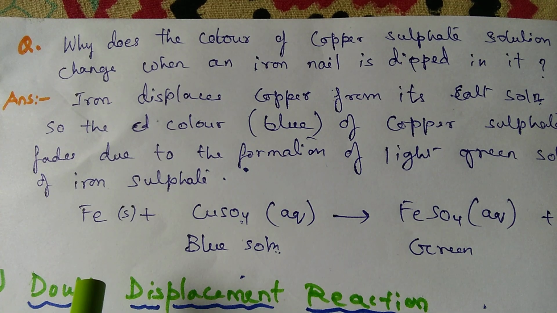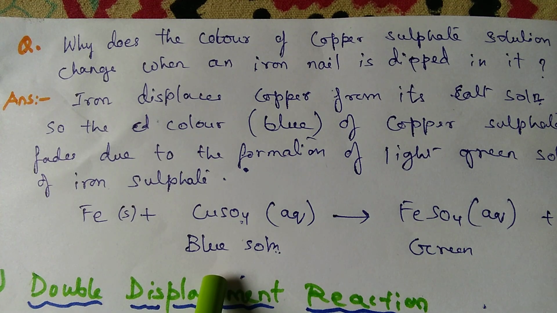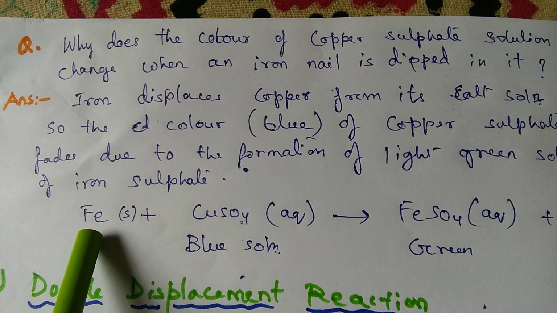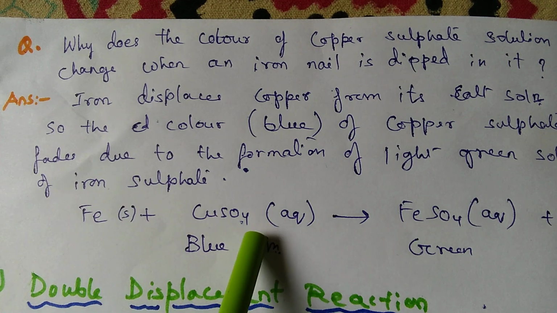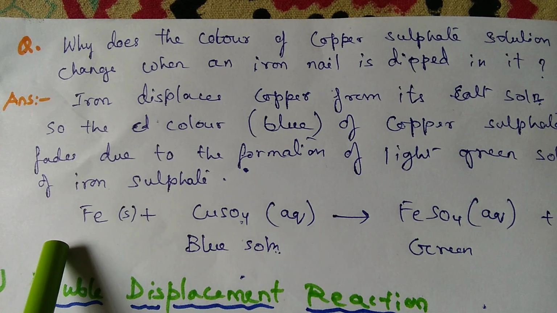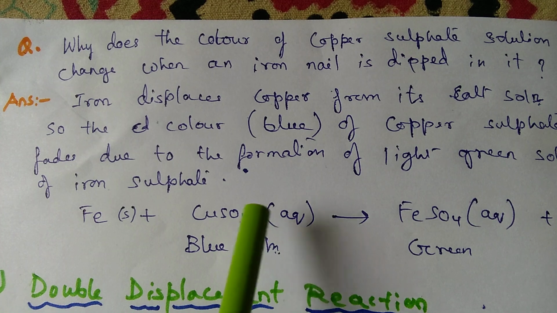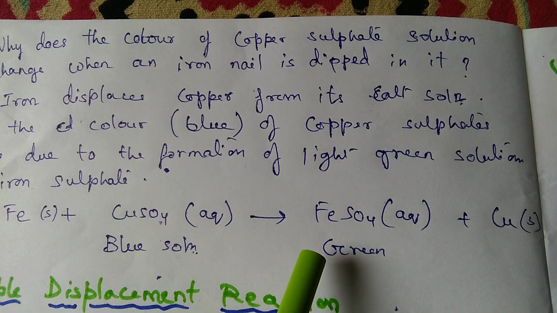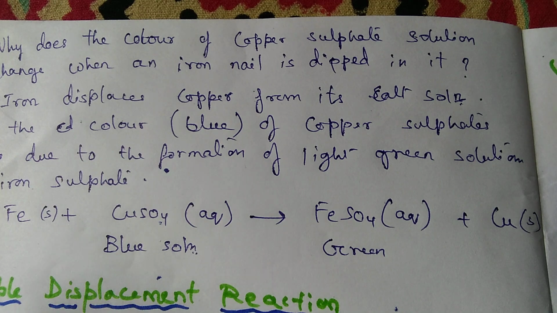So, on adding iron nail in copper sulfate solution, the color of the solution, which is blue, changes to light green. Why? Because on adding iron to CuSO4, iron displaces copper from its salt and forms a new salt, FeSO4, which is green in color. So the color changes.